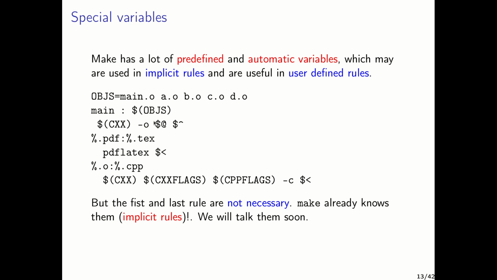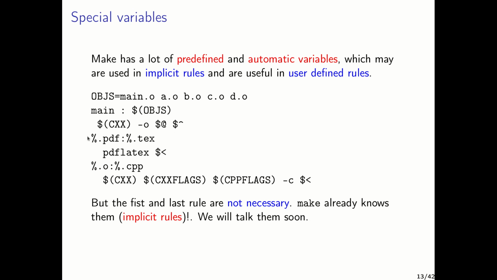These two strange symbols are the target and the prerequisite. This is the target, and this is the prerequisite. So this symbol will be replaced by main, and this other symbol will be replaced by the objects.